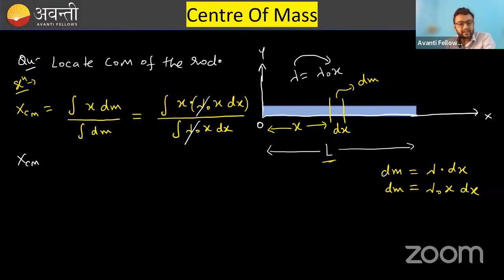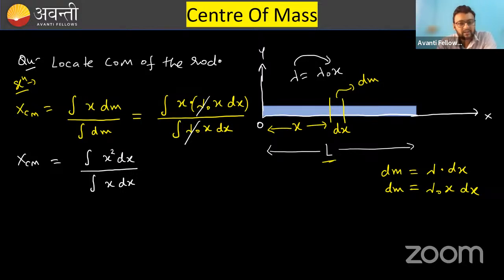Only constants will get cancelled in this way. So what we have left is integration x square dx divided by integration x dx.